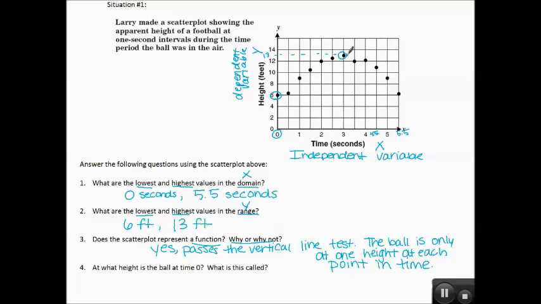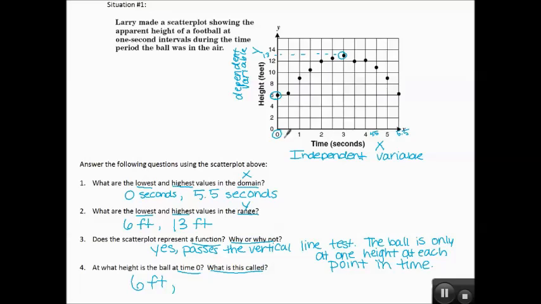Number 4, at what height is the ball at time 0? So we go to time 0 on my graph, and I look at the height. My ball is at 6 feet at time 0. And now what is this called? What would I call that?